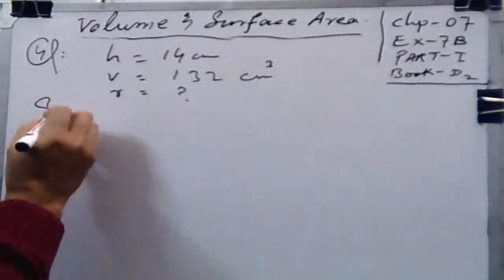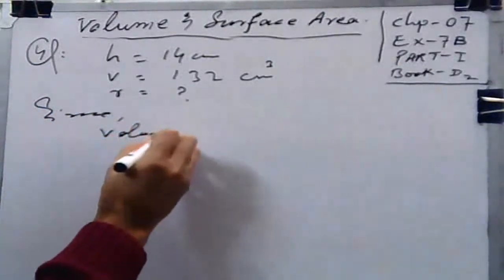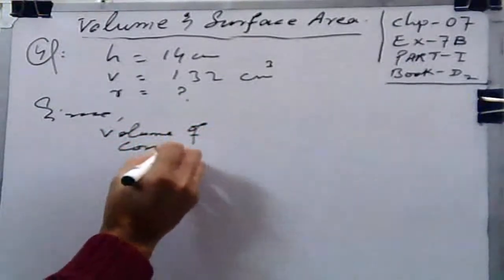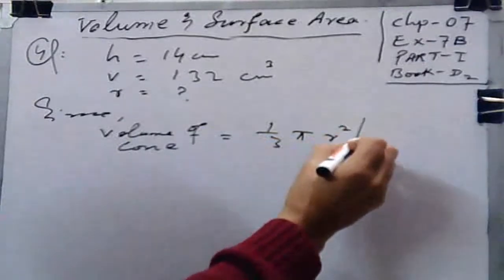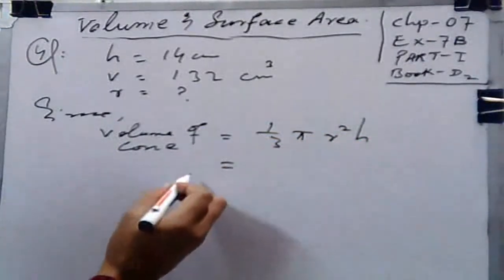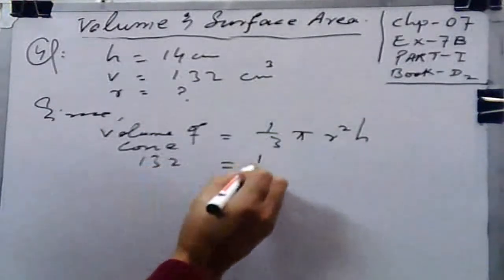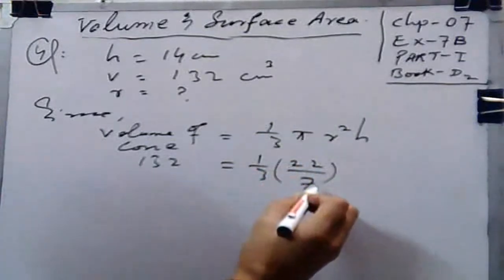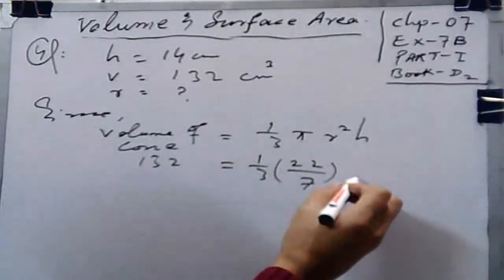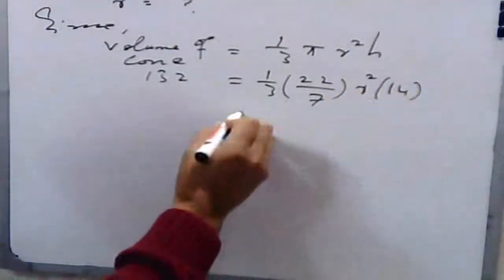Since we have the formula, the volume of cone is equal to 1 by 3 pi r square h. The volume is given to us, that is 132. 1 by 3, the value of pi is 22 by 7. r we have to find, and the value of h is 14.